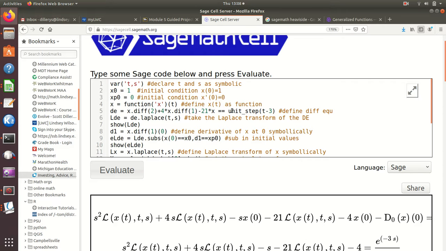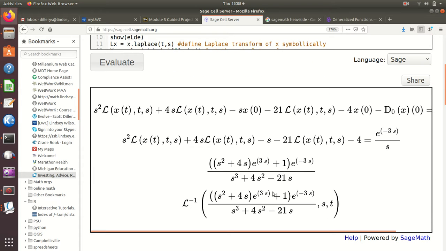So what I did was I thought, well, okay, looking at this, the problem might be, notice we've got e to the negative 3s here. Here's e to the positive 3s, and it didn't multiply through. So that maybe is the problem. One thing you can do in most of these computer algebra systems, like Sage, is ask it to expand and collect and various things like that.